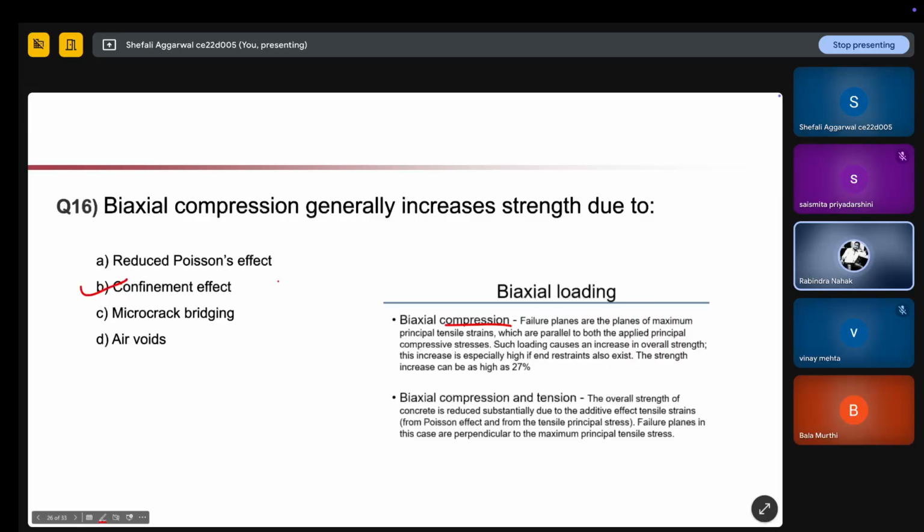No, biaxial compression, it will be mostly confinement. We are talking about increasing strength in biaxial compression. So what is happening? Your pore size is decreasing, or your concrete becomes more confined in the particular given area. Microcrack bridging will happen in case of triaxial compression.